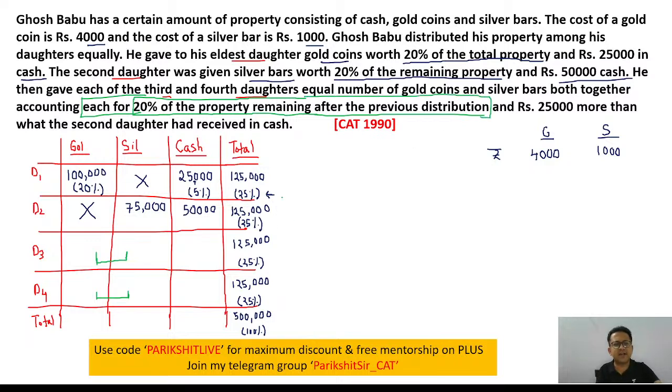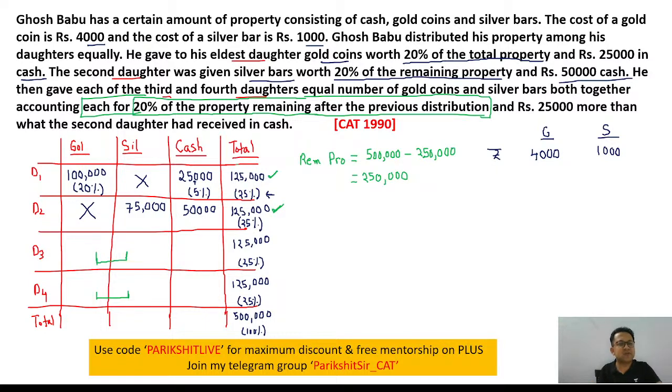So how much distribution has been made till now? 1,25,000 plus 1,25,000, so 2,50,000 has been made. So how much is remaining? Remaining property at this stage is 500,000 minus whatever you gave to the first two daughters. You gave 1,25,000 plus 1,25,000, which makes it 2,50,000. So the remaining property is 2,50,000.